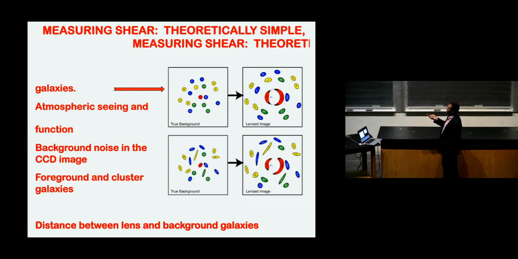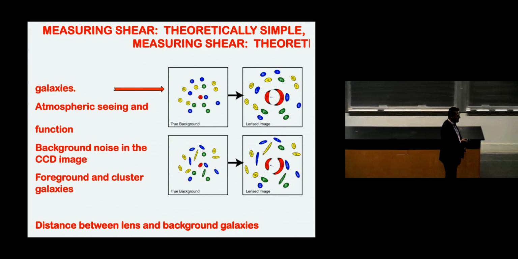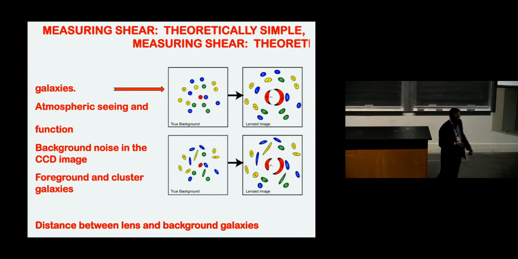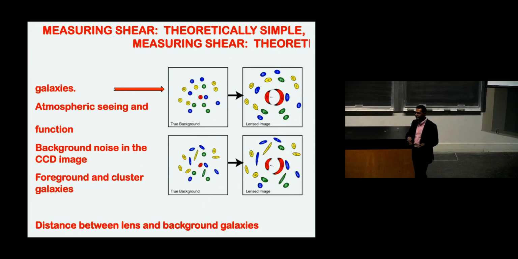Well, if they get lensed, then you have a coherent shear, that's all great, you can measure it. But the true background galaxies already have elliptical-like shapes, and they are randomly oriented in some sense. And if you want to understand how shear has impacted the shapes of these galaxies, you have to have some idea of what the original distribution was.